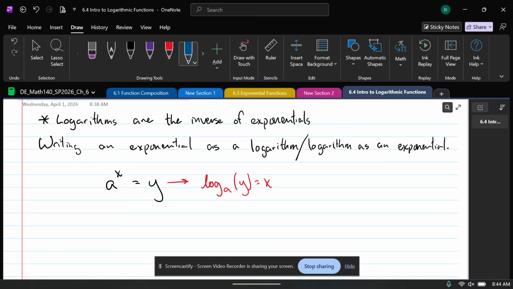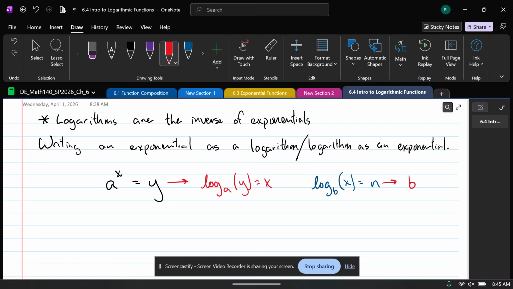To go from logarithm to exponential, so if you had log base b of x equals n, just changing up my letters so that we got to think a little bit. To change that to an exponential, the base of the logarithm is going to be the base of my exponential. This is read log base b, so b is my base.